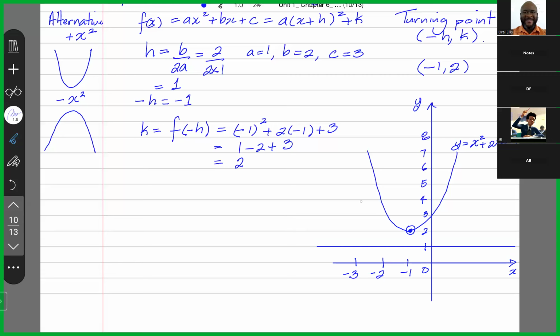Let's draw another horizontal line, or another line parallel to the x-axis. Well, notice this line cuts the graph what? Twice. So by definition, this function is not 1-to-1.